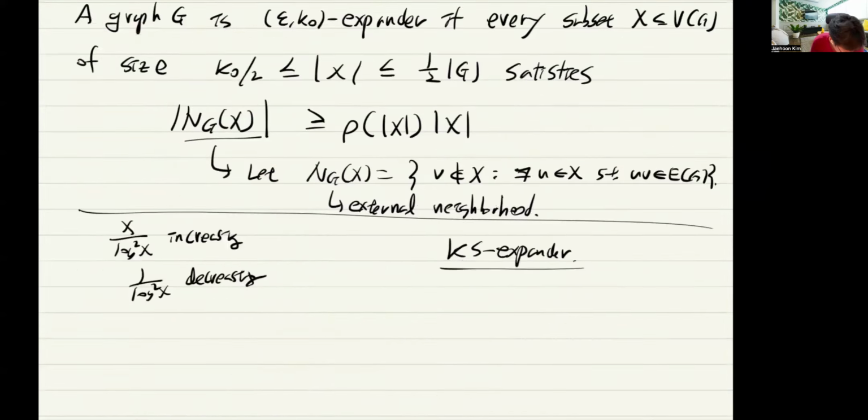But why is it useful? It's useful because of the following two lemmas. Let's say theorem and lemma. So one is the following. Let's say epsilon is small.